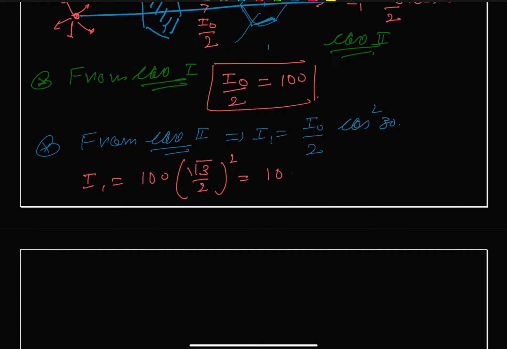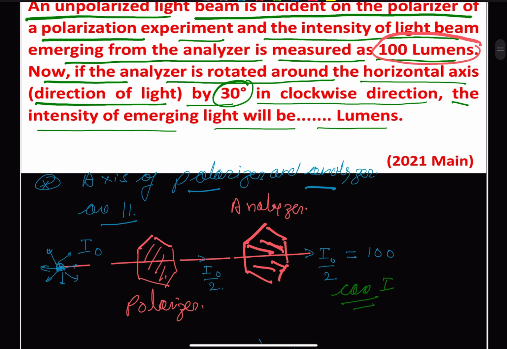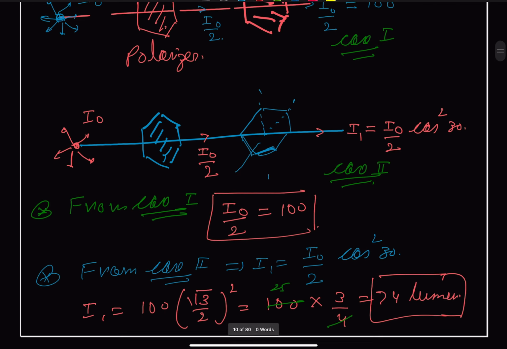So this comes as 100 times 3 over 4, and this goes by 25, giving us 75 lumens. So the output for the second case will be 75 lumens. Next question.